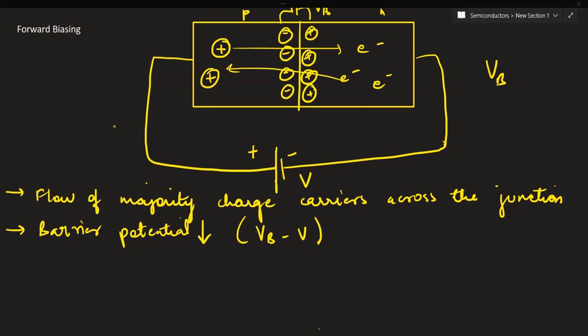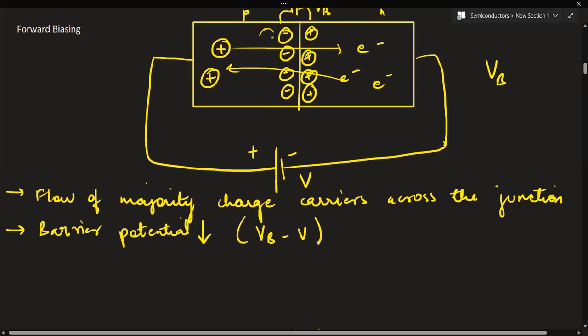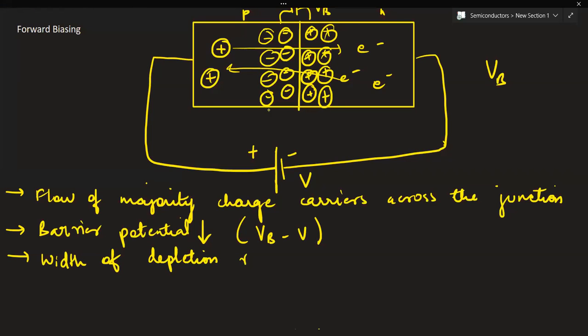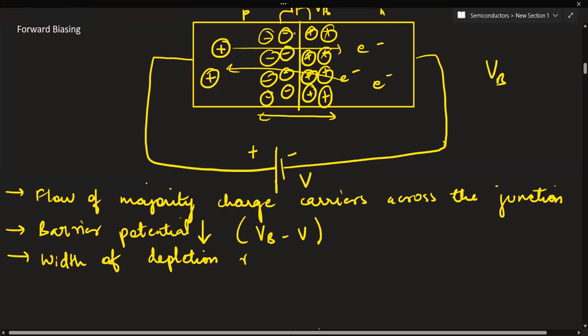Barrier potential gets decreased in case of forward biasing. Now see what will happen as the positive charge carriers move towards the N side. More negative acceptor ions will be created on this side. As the electrons move to the P side, more positive ions will be created on the N side. So tell me, is the depletion layer's width increasing or decreasing? Yes, say. Increasing? See, as more positive carriers go and more electrons come here, it will create more vacancy and deficiency over this side.